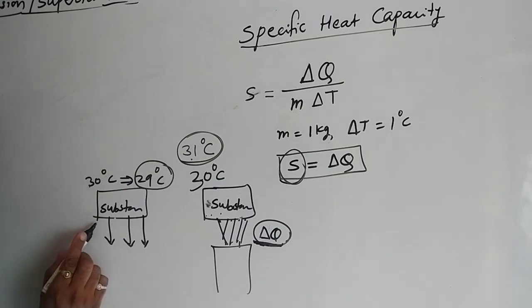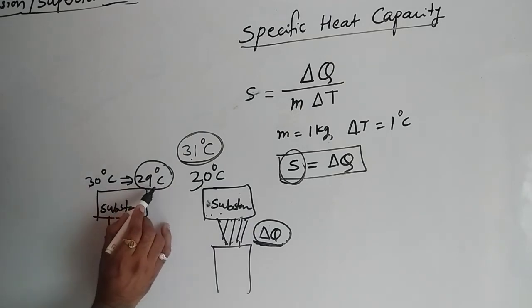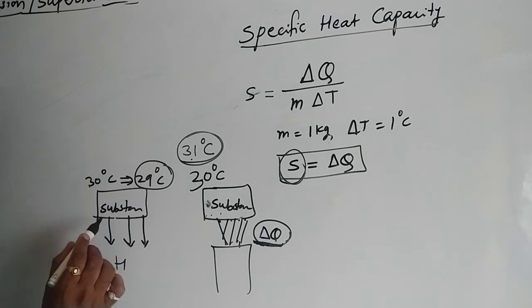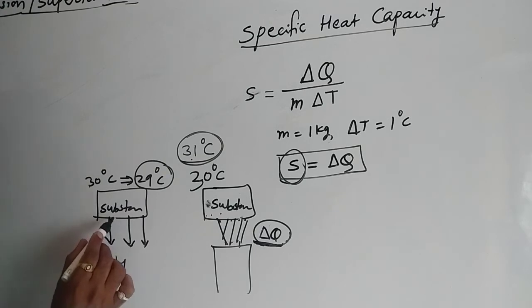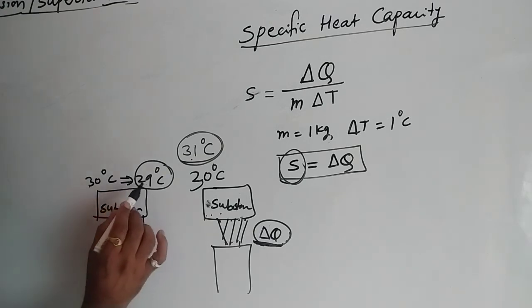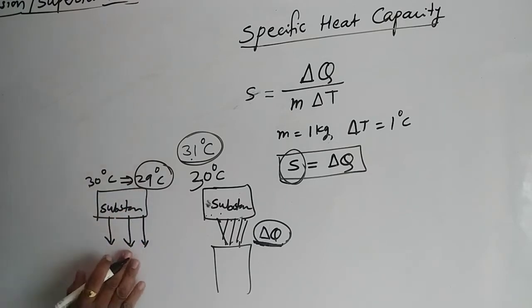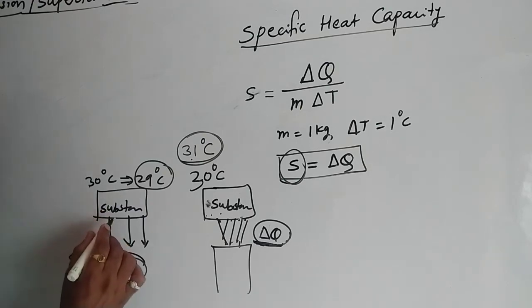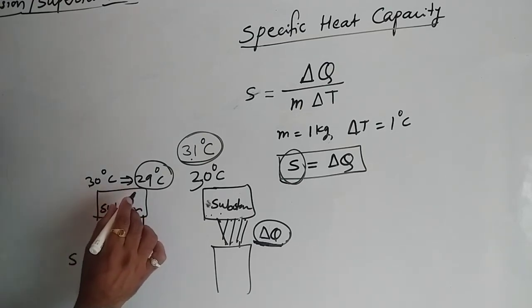We have decreased the temperature of this substance by 1 degree Celsius by removing some heat from it. The amount of heat taken out is delta Q, and this is said to be the specific heat capacity of this substance.